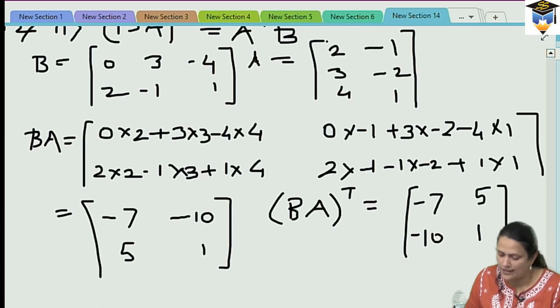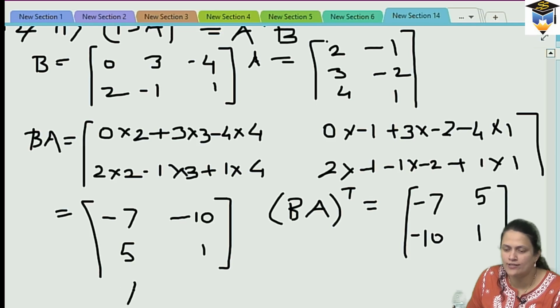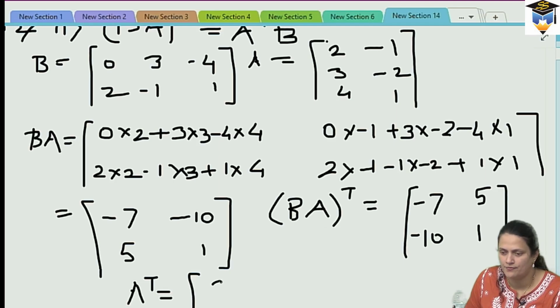Now we have to prove that (BA) transpose is nothing but A transpose into B transpose. Now let us find out what is A transpose. A matrix is given to us. From that we are going to find out A transpose, in which rows are going to get converted to columns. So here you can see the rows are getting converted to columns.